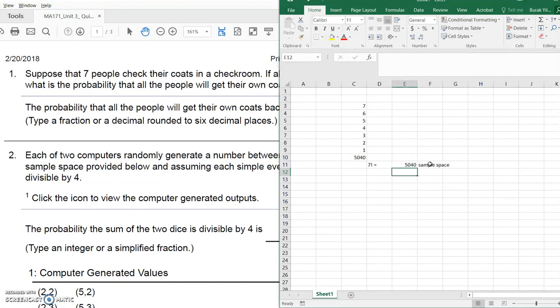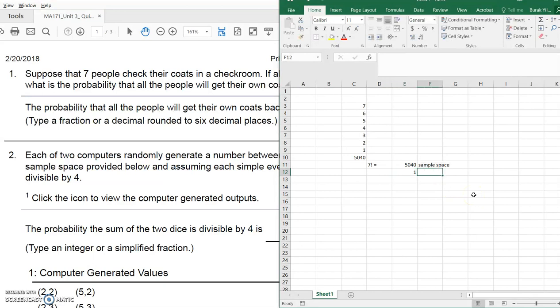Now the desired outcome is giving all 7 codes to their exact rightful owners. So there's only one combination like that because each person has their own codes, and there's only one combination out of 5,040 that all 7 people get the right codes.